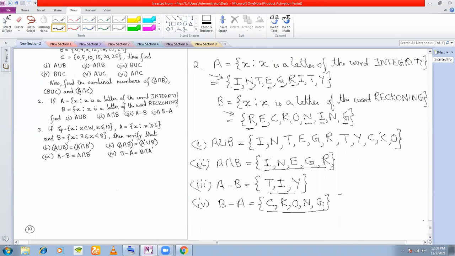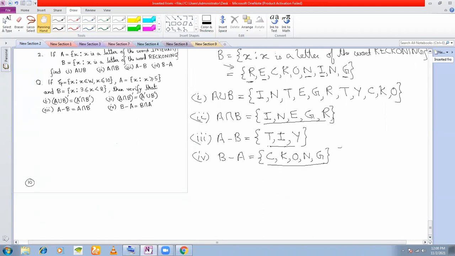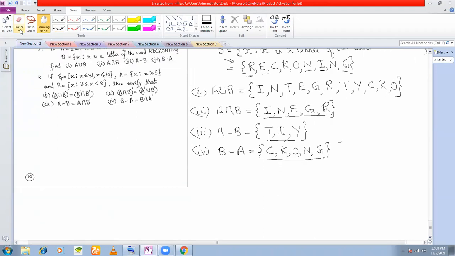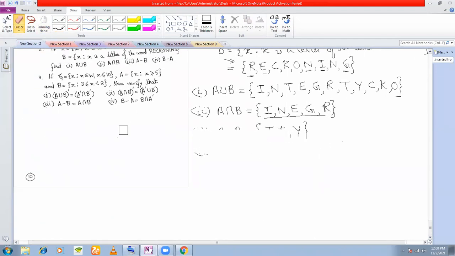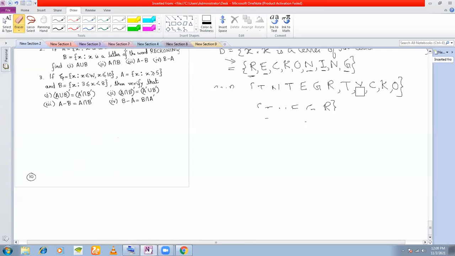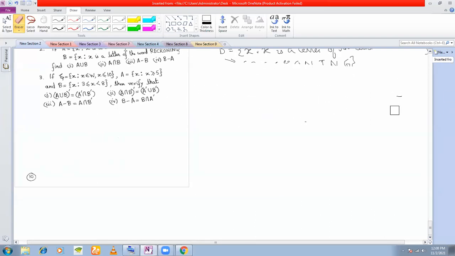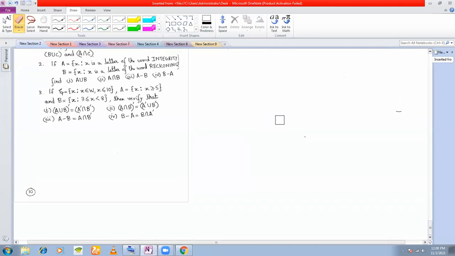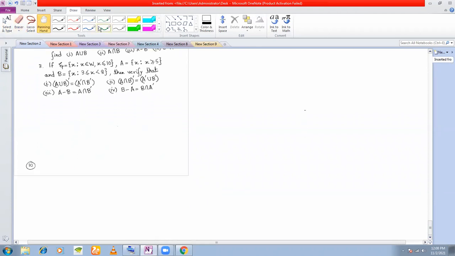We'll move on to number 3. Given here the universal set x such that x belongs to W. X belongs to W means x is a whole number.